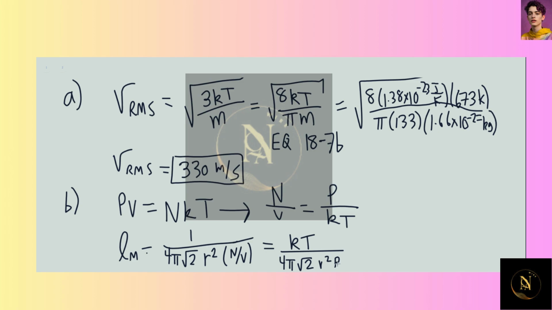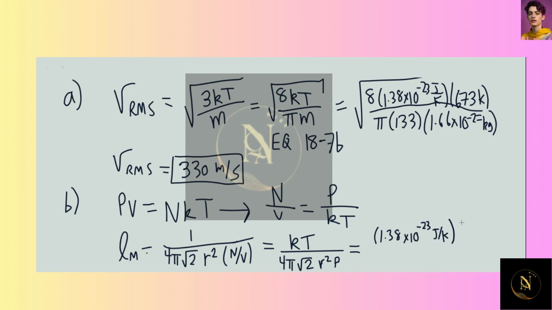At this point, we can plug in Boltzmann's constant, the temperature, the radius of our particles, which we're given, and the pressure, which we're also given in millimeters mercury. It probably would be useful to actually put these numbers in because there's a little bit of nuance in how we're doing these units. It gets a little gross.